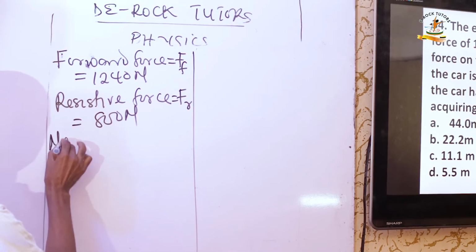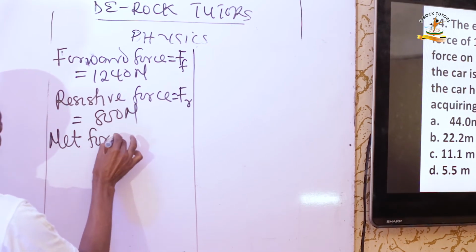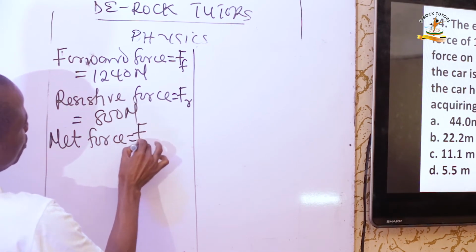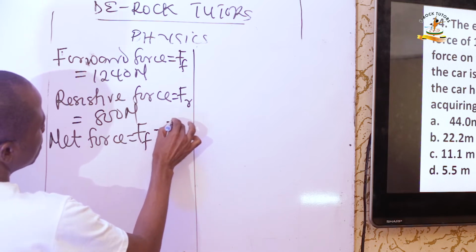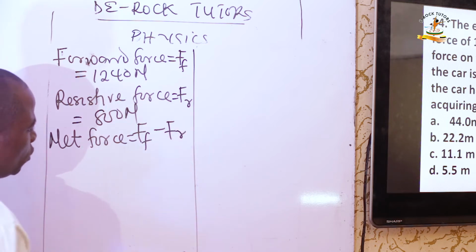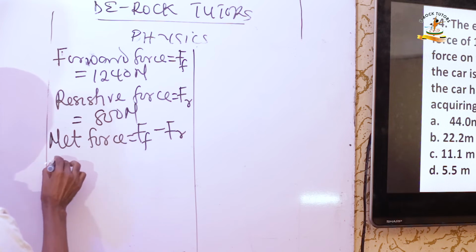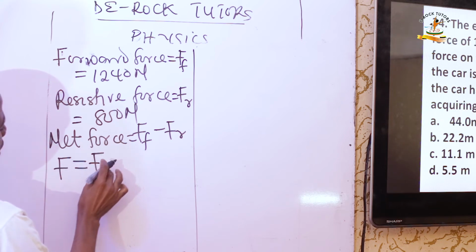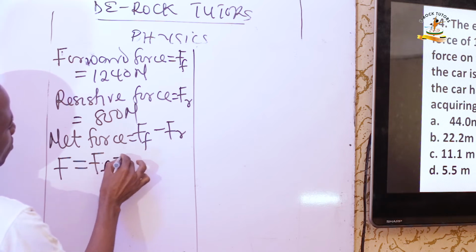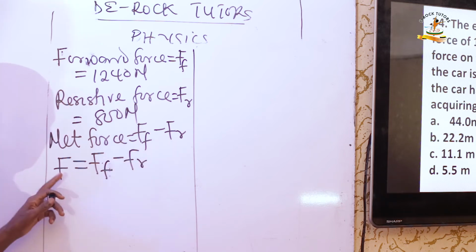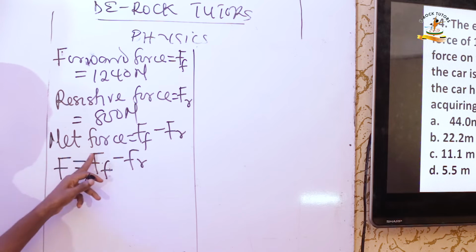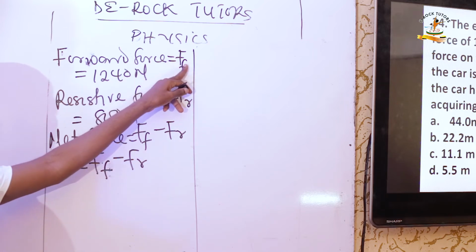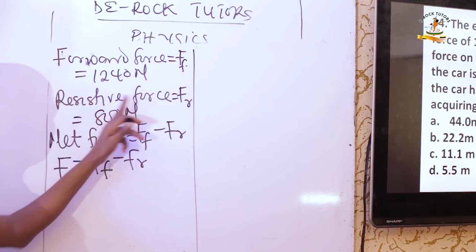The net force now, that's going to be the forward force minus the resistive force. So the net force, let's represent it by F, that's F = F_F - F_R. So we are using F for the net force, F_F for the forward force, and F_R for the resistive force.